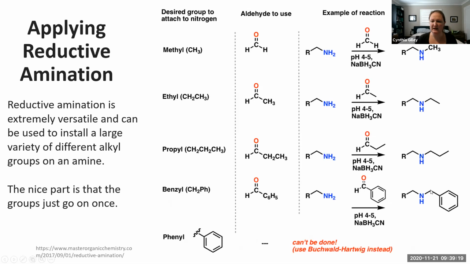So this carbon needs to have at least one hydrogen in order to be able to make this carbon-nitrogen bond. Otherwise, we wouldn't have been able to reduce an iminium ion formant. With a phenyl group, the carbon directly attached to the nitrogen is sp2 hybridized. Notice there are not any hydrogens here. So this carbon-nitrogen bond would not be able to be formed through a reductive amination.